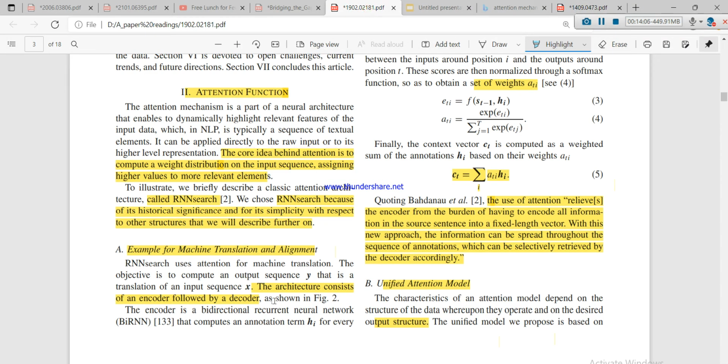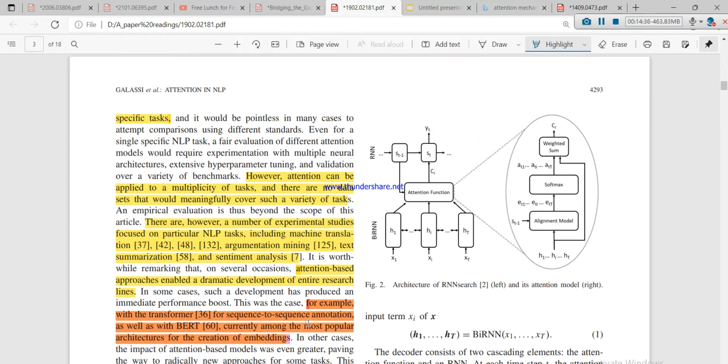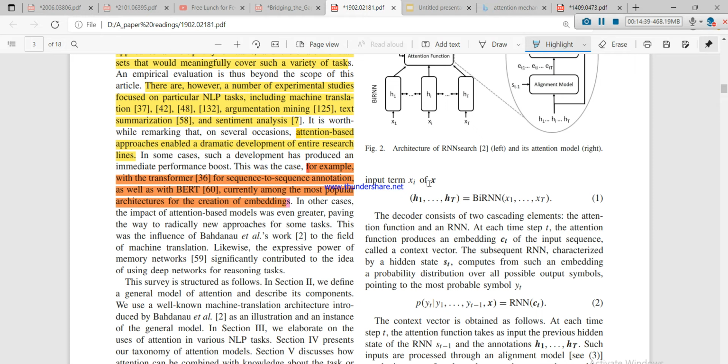Let's go through this in short. Here the output sequence is y, the input sequence is x, and the architecture of the encoder-decoder consists of an encoder followed by a decoder. It also has a bidirectional RNN, a recurrent neural network, that computes the annotation terms hi for every input term xi.